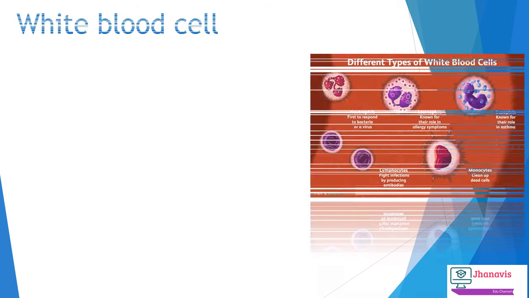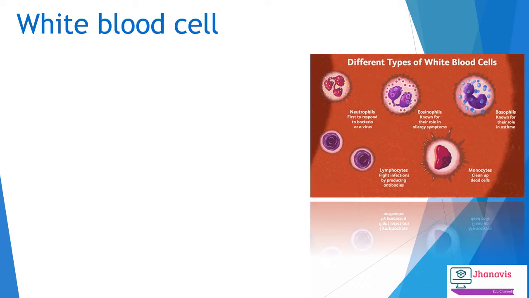Let's talk about the WBC. The WBCs are very important cells which play a very important role in maintaining the immunity of the body. There are thousands of bacteria and thousands of viruses present everywhere: in the air we breathe, the food we take, the water we take.